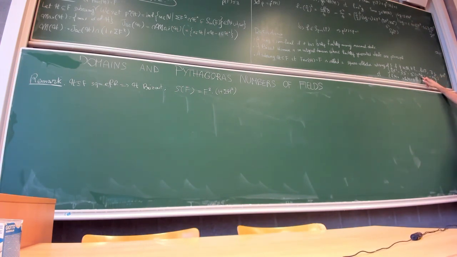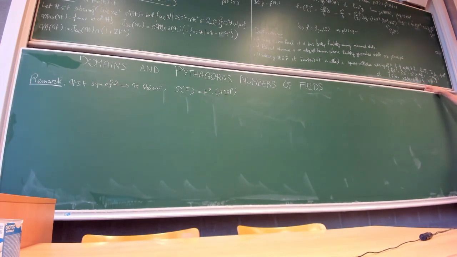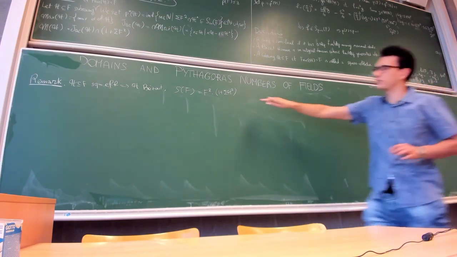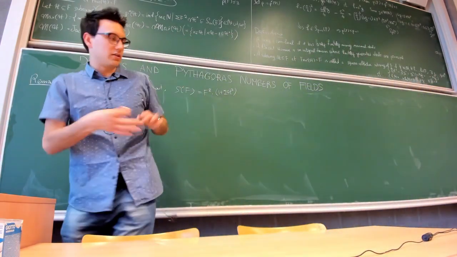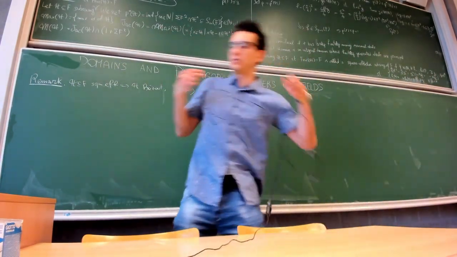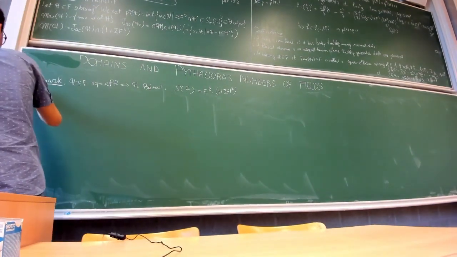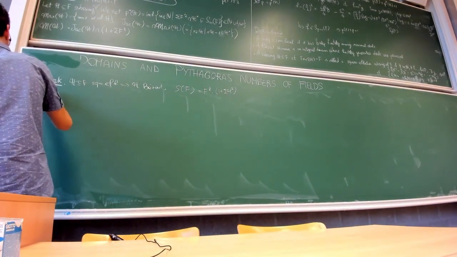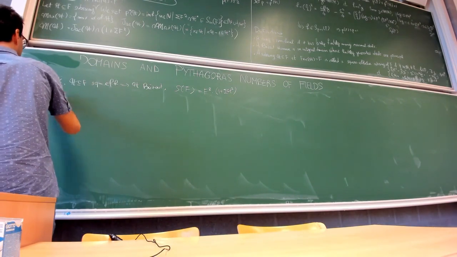And these elements are in H, so gi divided by g1 is in H for all i, right? So we have this basically. And this is good because it allows me to show the following proposition.